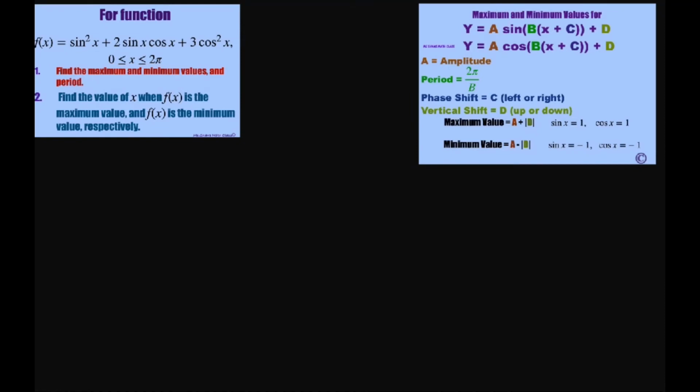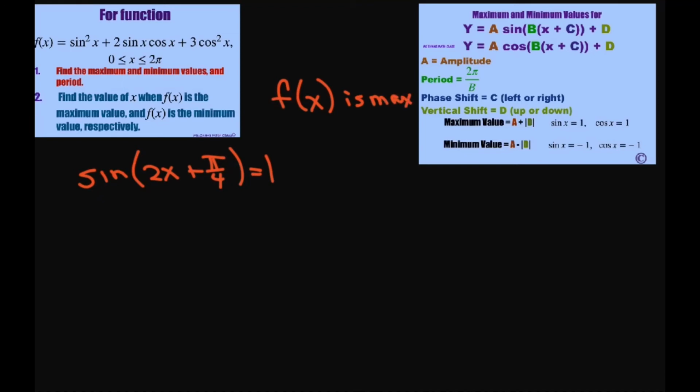We're going to have sine of 2x plus pi divided by 4 equals 1. When this happens, f of x is a maximum value. So you have sine of x. This is your max, this is your min.